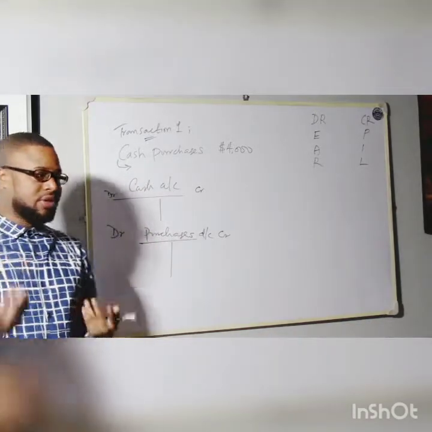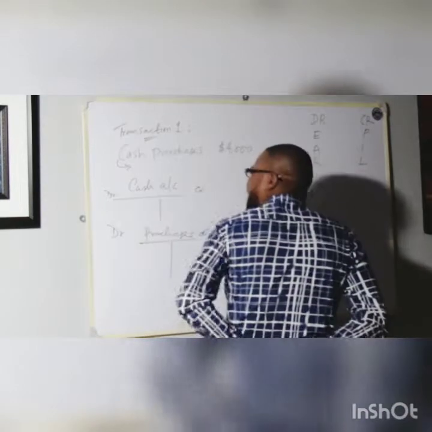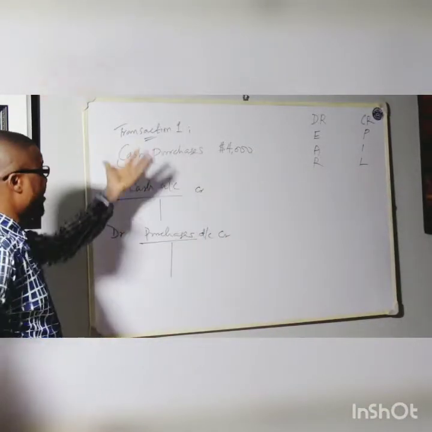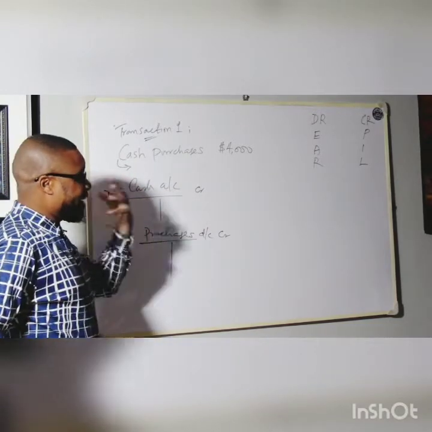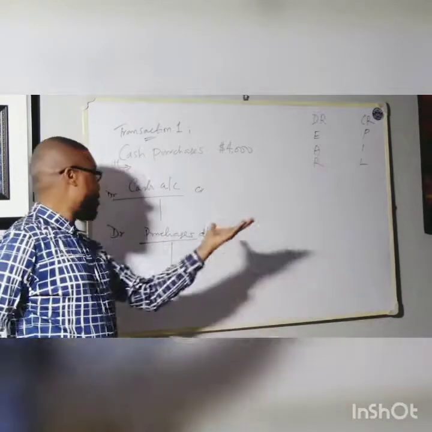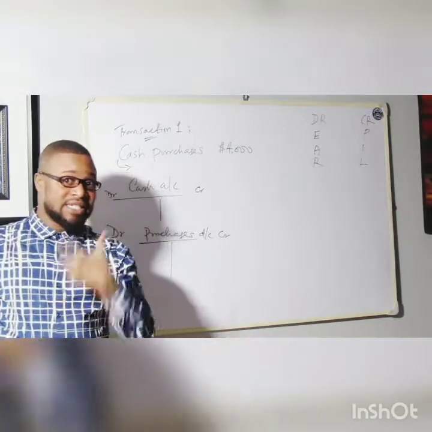That's absolutely simple. So in this case, let us look at it. What do we have? Cash purchases $4,000. It simply means that the business is making a payment of $4,000 on purchases. So as far as the cash account is concerned, what we have there is a payment.